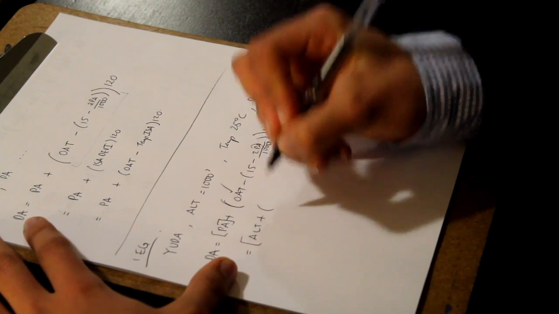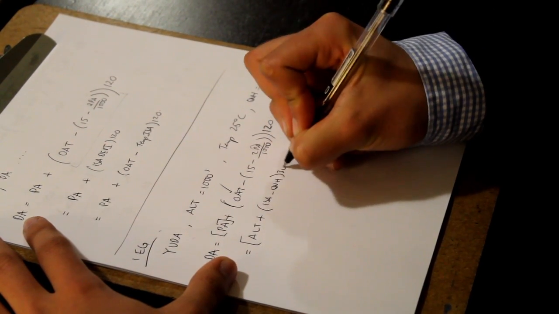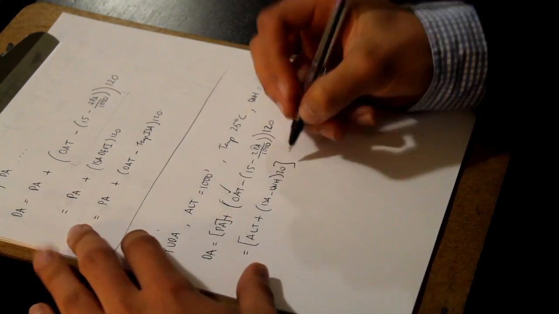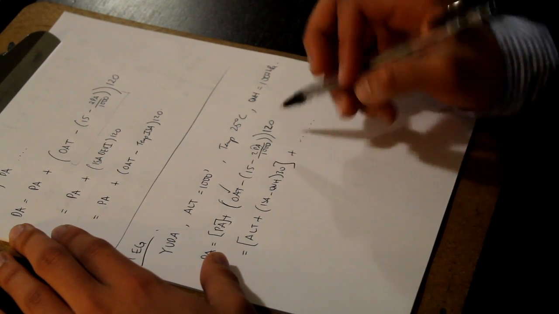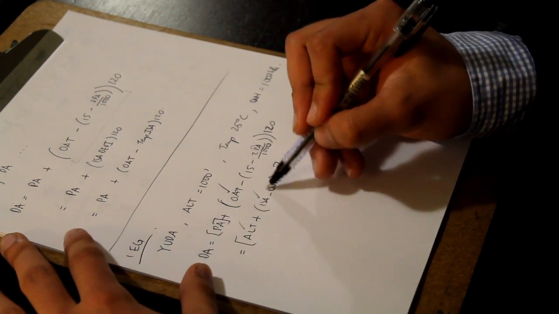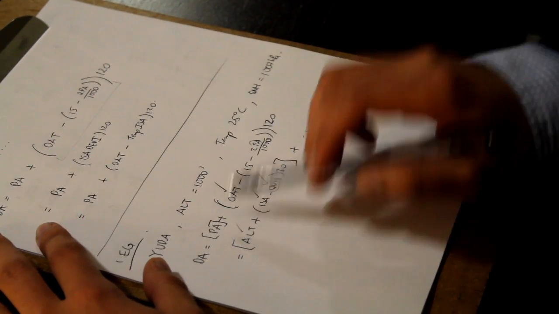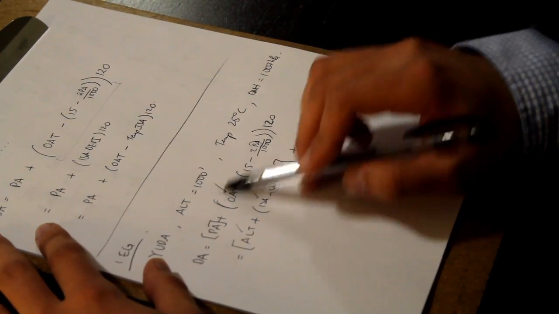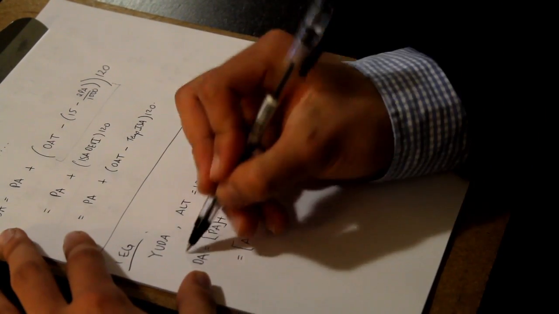That's the PA, and then you add the rest. Do we have everything for it? We got ISA, altitude we're given, QNH we're given. So we satisfied what we need for PA, and there are no other variables, so we can work out DA.